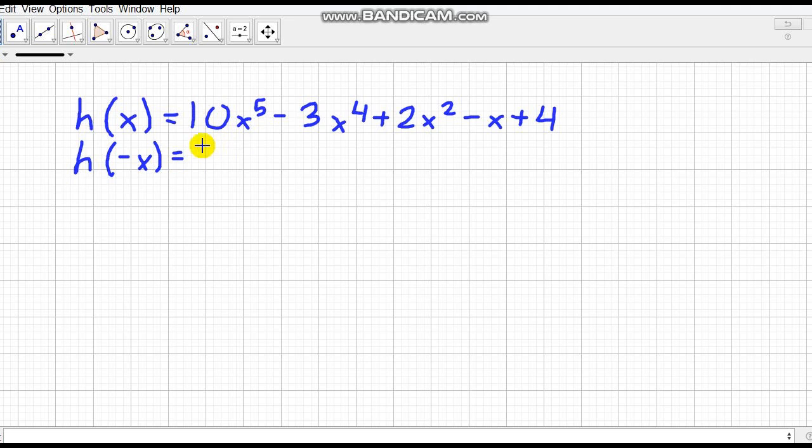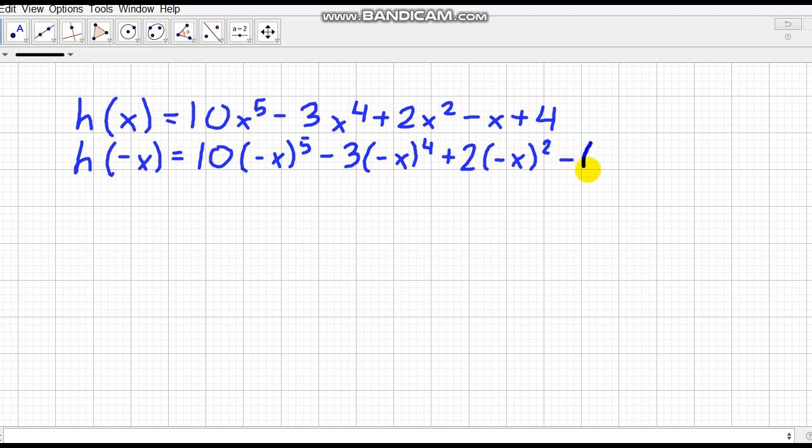So this is equal to 10 times negative x raised to the 5th power, minus 3 times negative x raised to the 4th power, plus 2 times negative x squared, minus negative x, plus 4.